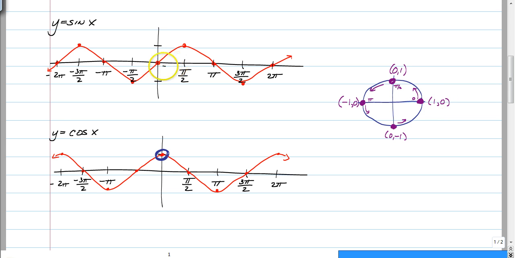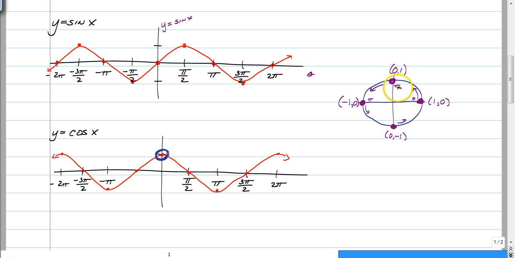So, at 0 radians, the x-axis represents theta. And then the y value on the graph represents your sine of x, which matches with your y value from the unit circle. So, at 0, y is 0.